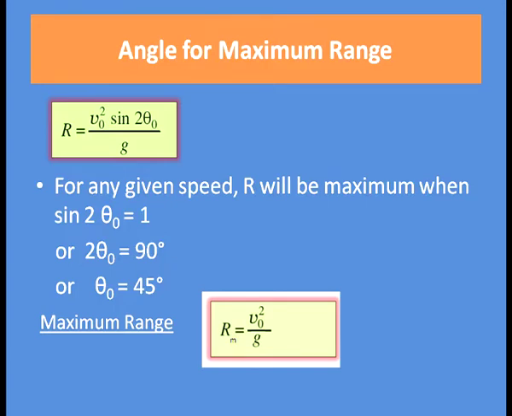So, sin 2 theta 0 equal to 1, that means 2 theta 0 equal to 90 degree, that means theta 0 equal to 45 degree. So, now putting theta 0 equal to 45 degree, we find the maximum range R m equal to v 0 square divided by g.